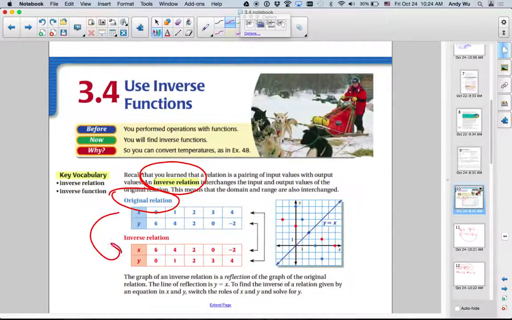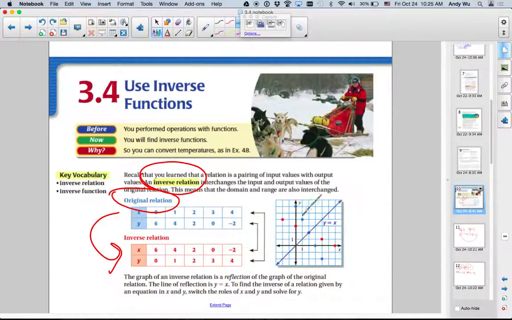Does that make sense? Taking input and output and then flipping them. The simplest way is simply taking your x value, changing it to the y value, take your y value, pretend like it's the x value, and you have your inverse. Okay? So if you have this point before, let's say, I'll use green.